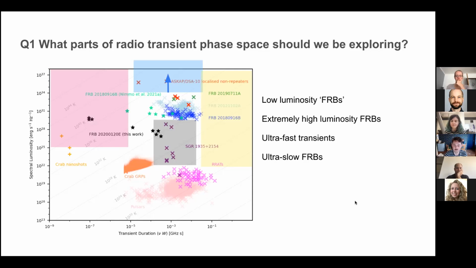I don't know if it's included in the question, if it's also like what kind of sources should we be aiming at? Because we were lucky to detect the FRB from SGR 1935, because there's not that many radio observations towards magnetars that aren't currently undergoing X-ray outbursts.